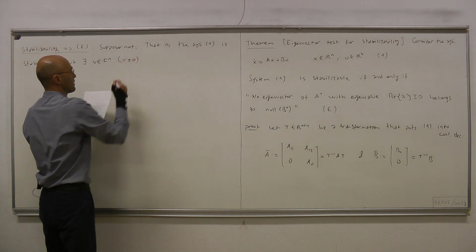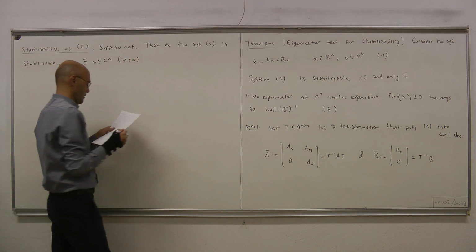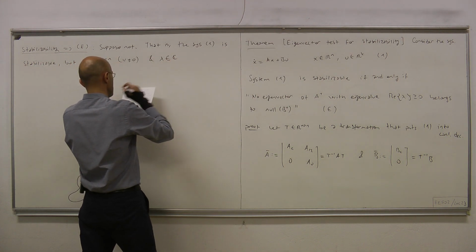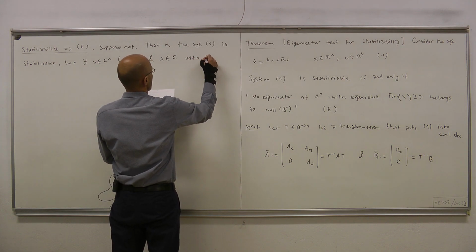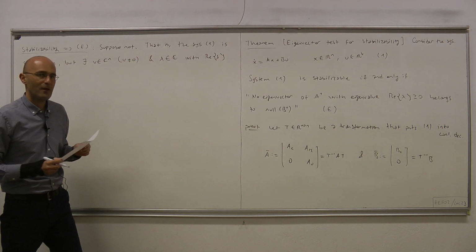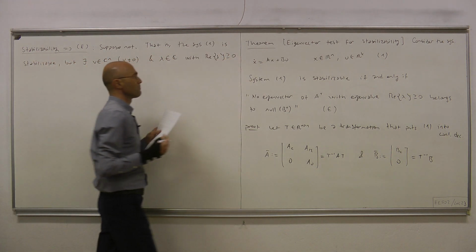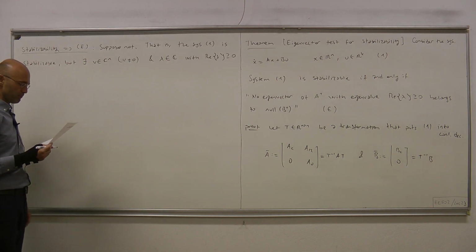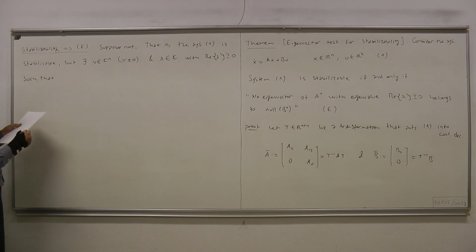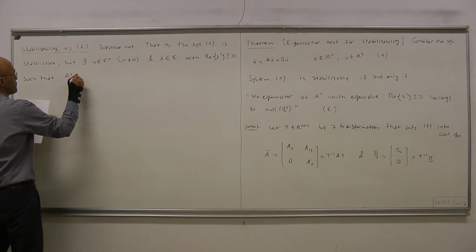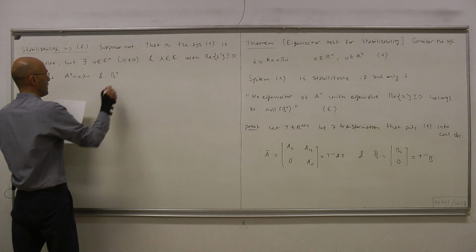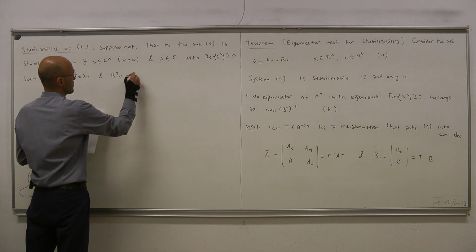By definition it's non-zero, and the corresponding eigenvalue lambda, which is unstable in the sense that it's on the closed right half plane, the real part is 0 or positive, such that A transpose V equals lambda V, and that V belongs to the null space of B transpose.